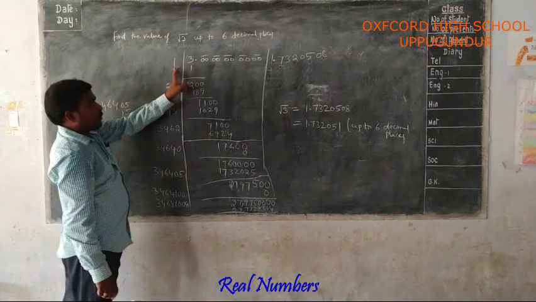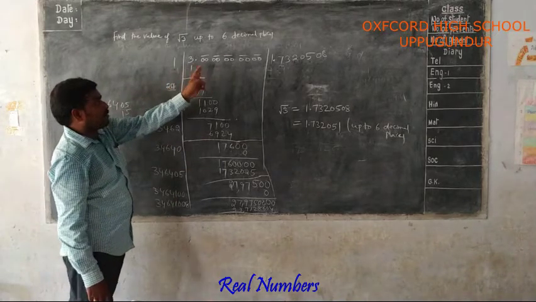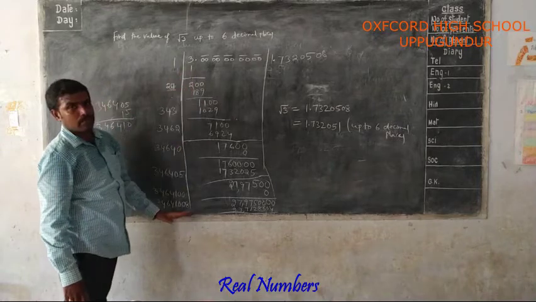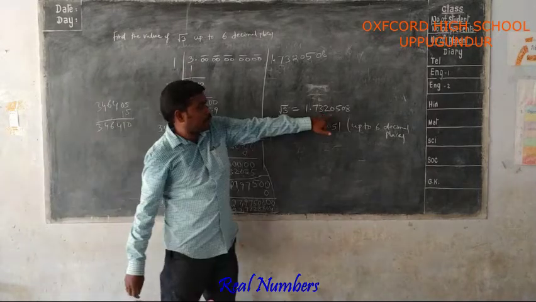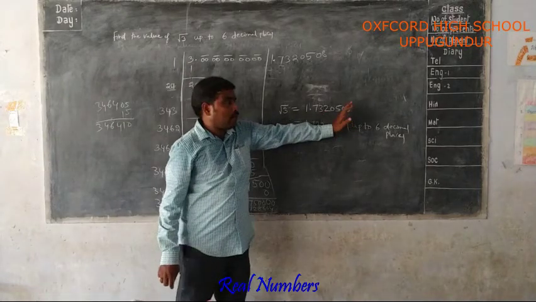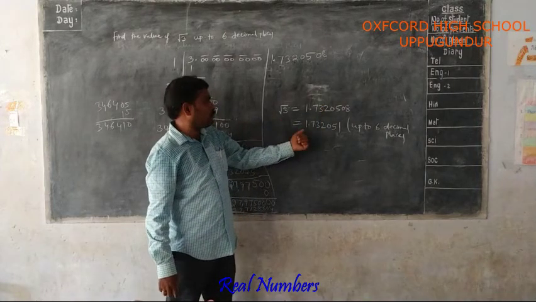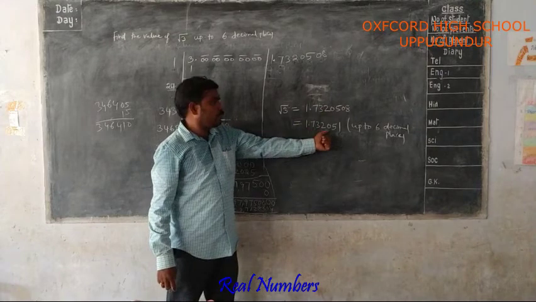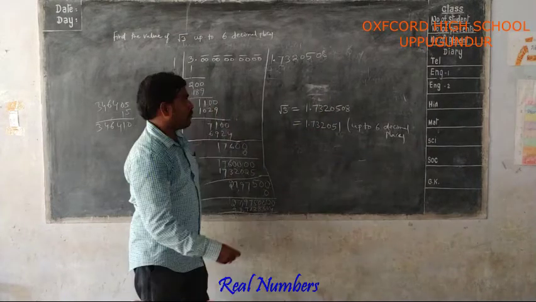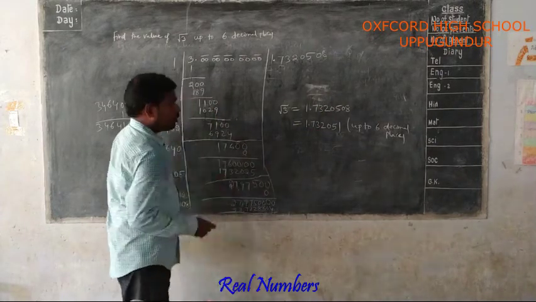So the first perfect square is 1, 1 ones are 1. In the same way you have to do this one. Up to 7 places you have to find. After that, up to 6 places you have to round off. Now root 3 is equal to 1.732051.